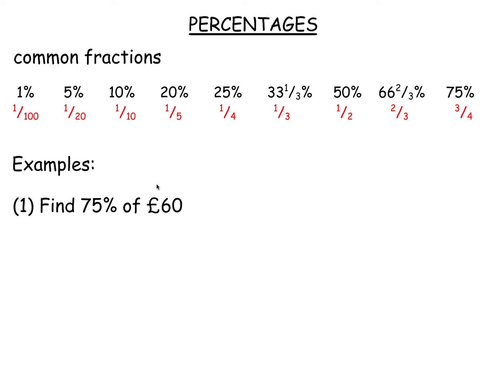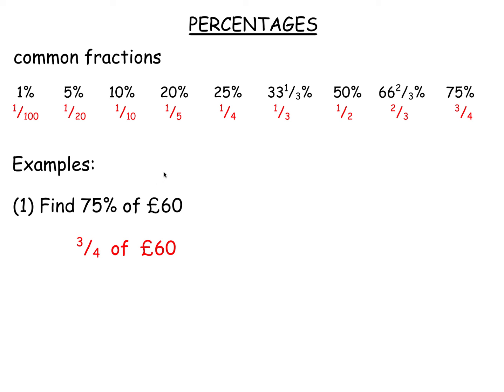So for example, if you're asked to find 75% of £60, 75% is 3/4. That simply becomes 3/4 of £60. So these common percentages here can be replaced by these fractions, and the calculations will be made easier.